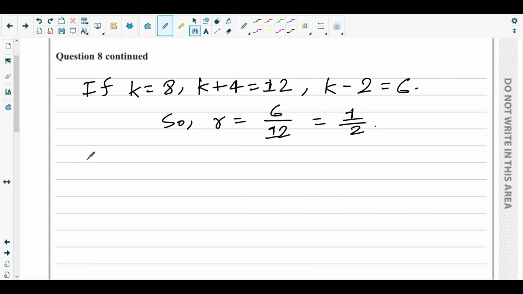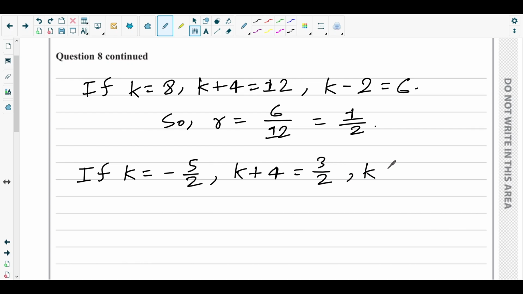And if k equals the other value we got, negative 5 over 2, then k plus 4 is negative 2.5 plus 4, which is 1.5, that is 3 over 2. The second term, k minus 2, is negative 5 over 2 minus 2, which is negative 4.5, that is negative 9 over 2.